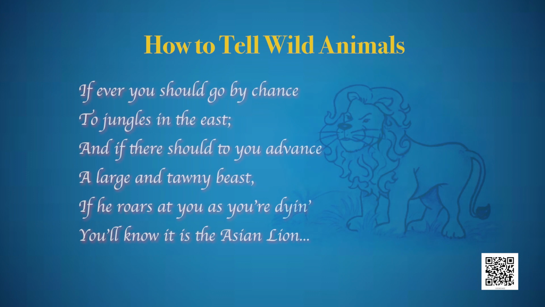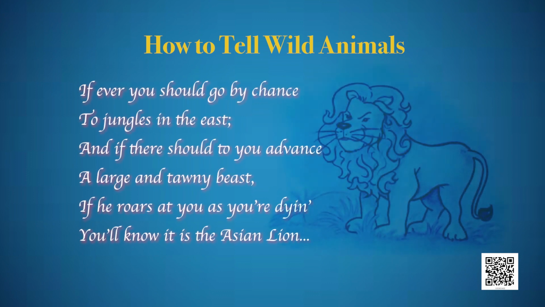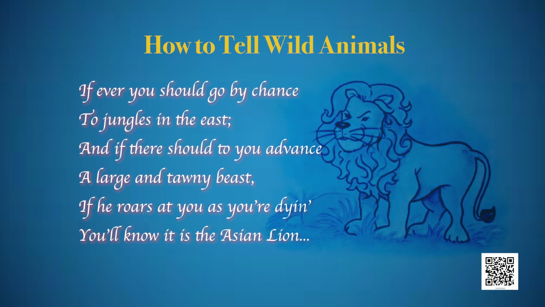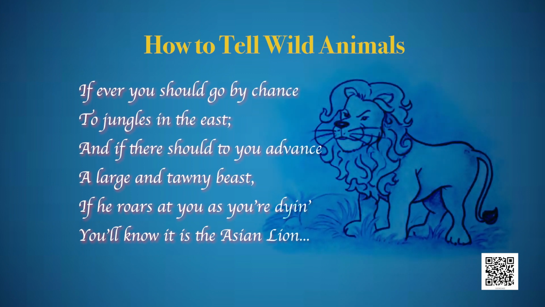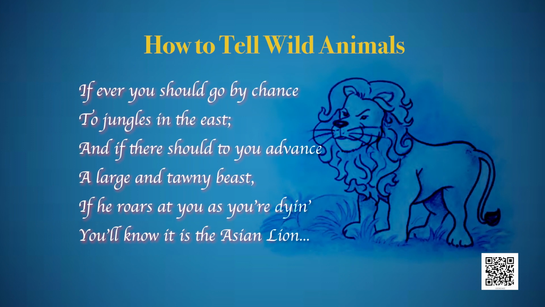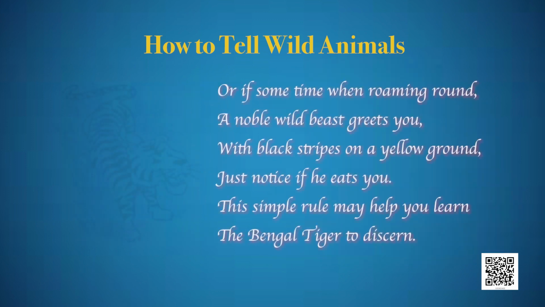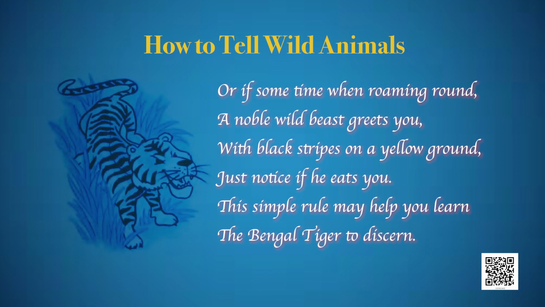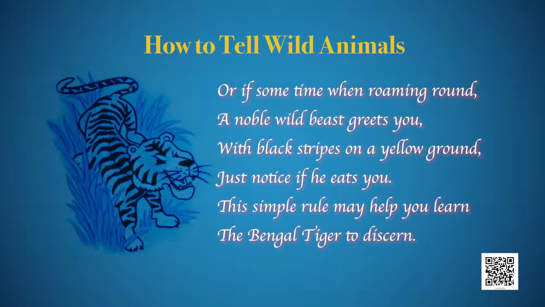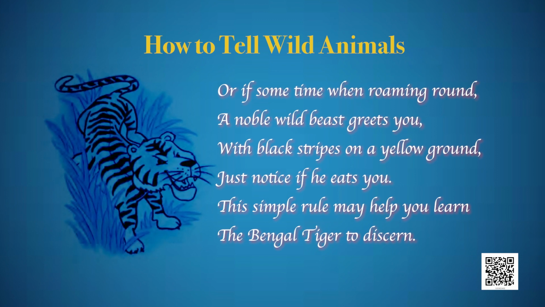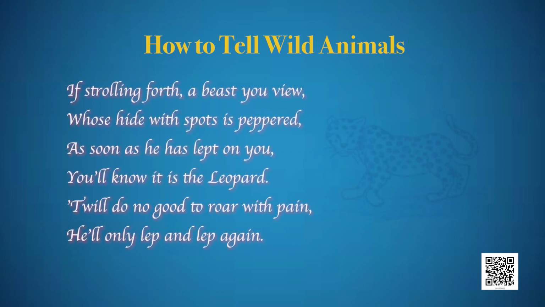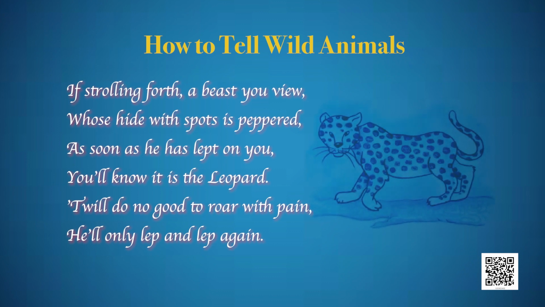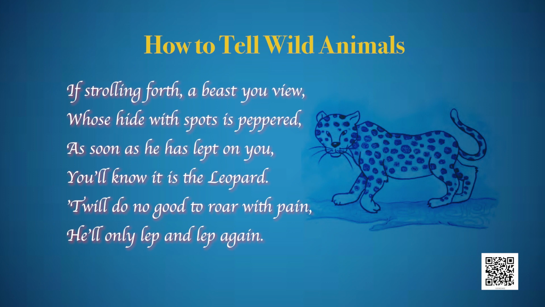How to tell wild animals. If ever you should go by chance to jungles in the east, and if there should to you advance a large and tawny beast, if he roars at you as you are dying, you will know it is the Asian lion. Or if sometime when roaming round, a noble wild beast greets you with black stripes on a yellow ground, just notice if he eats you. This simple rule may help you learn the Bengal tiger to discern. If strolling forth a beast you view, whose hide with spots is peppered, as soon as he has leapt on you, you will know it is the leopard.